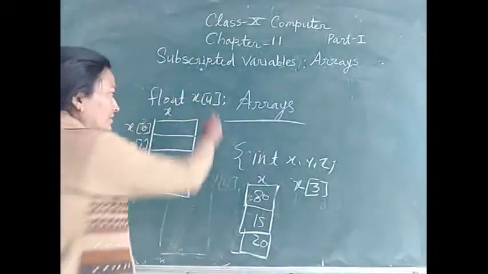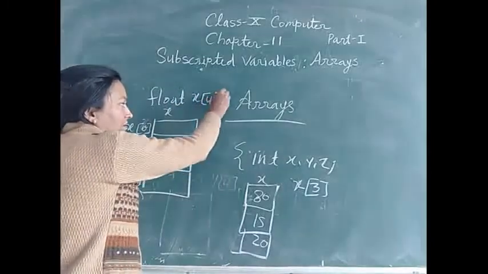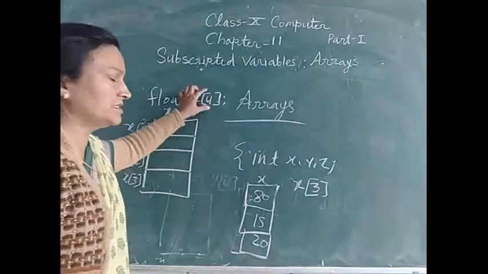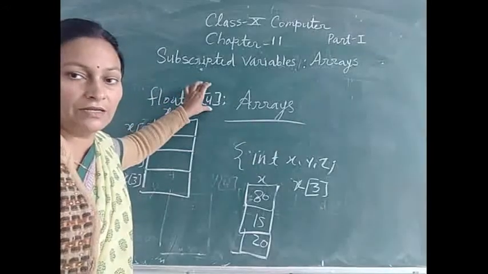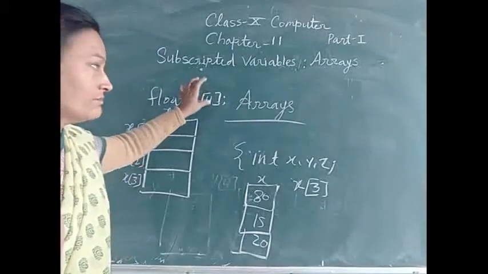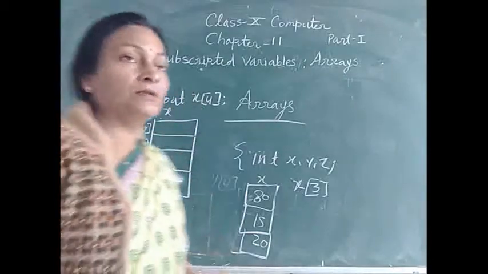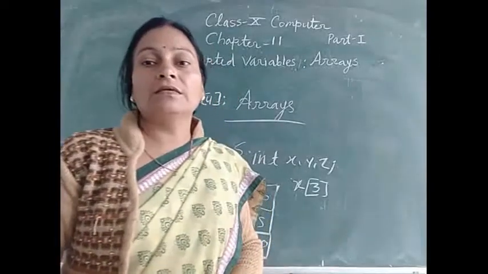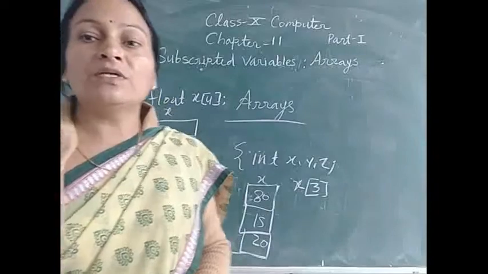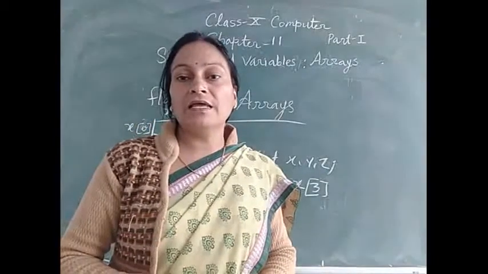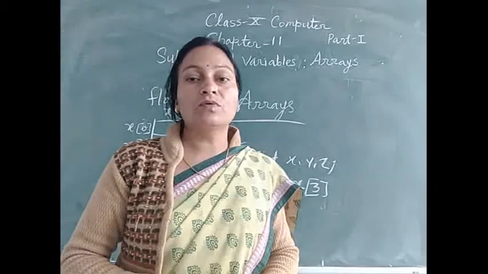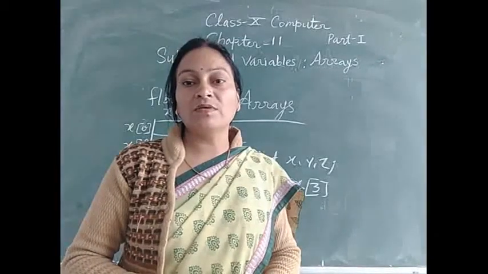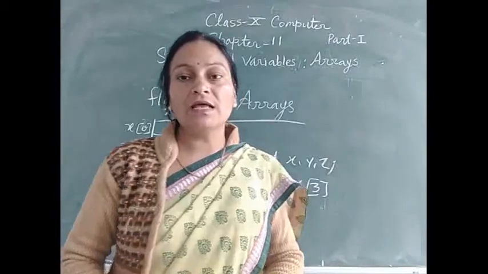Here 4 represents a subscript which is written in this square bracket. This is called subscript. According to subscript, there are 3 types of array: one-dimensional array, two-dimensional array, and multi-dimensional array. But in your course, there are only 2 types of array: one-dimensional array and two-dimensional array.